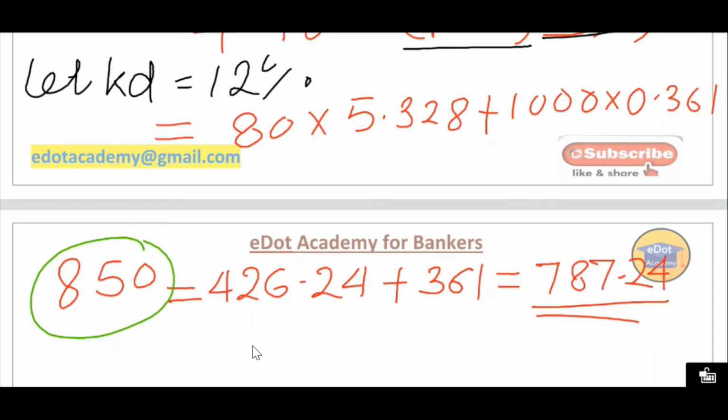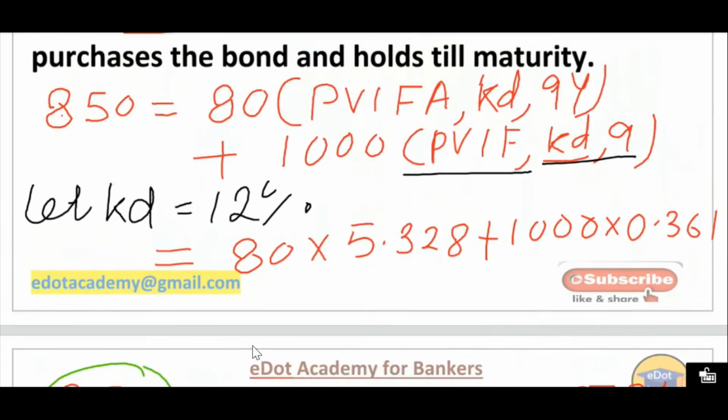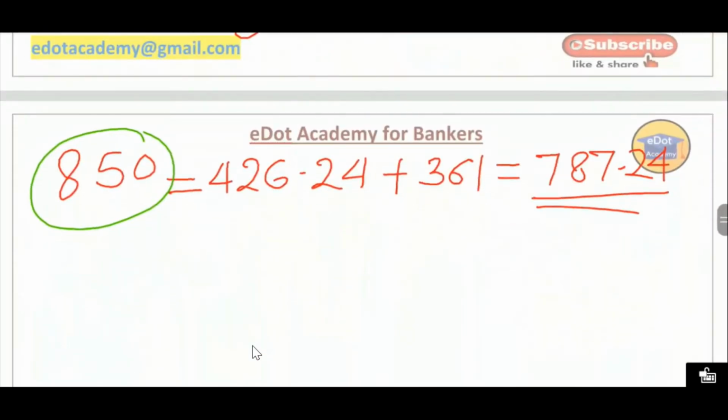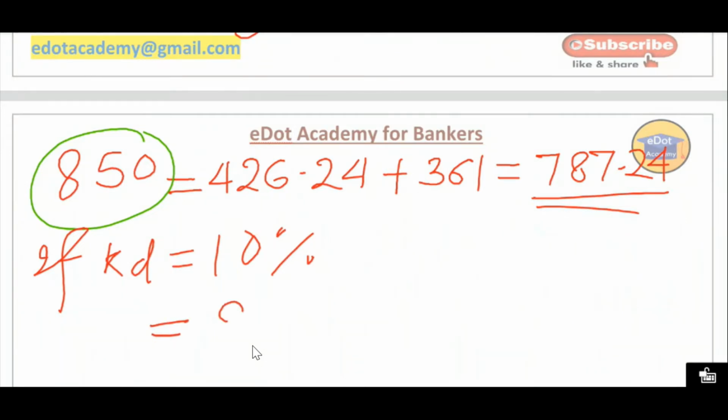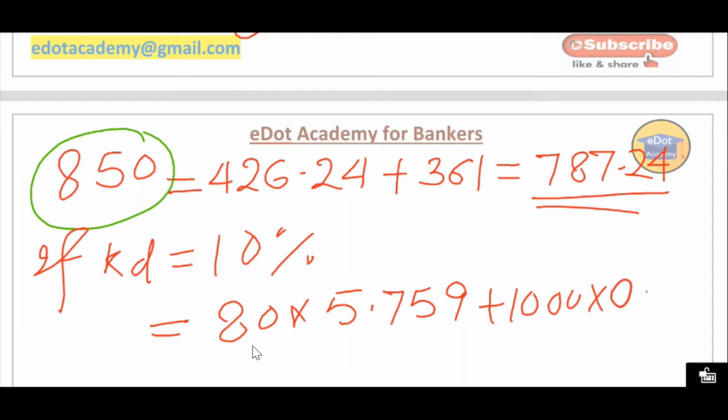Okay. Now let's say 10%. If KD equals 10%, then how much are we getting? 80 into PVIFA of 10%, which is 5.759, and PVIF of 10%, which is 0.424.